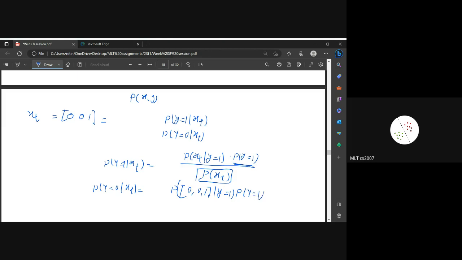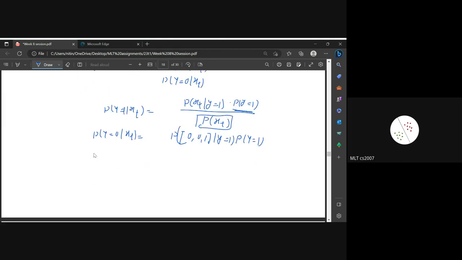So this is just the probability that the first feature takes value 0 given y equal to 1, times probability that the second feature takes value 0 given y equal to 1, times probability that the third feature takes value 1 given y equal to 1, and times P y equal to 1, right? So this I'm denoting as P1 1, this is P2 1, this is P3 1, and this is your p hat, right?